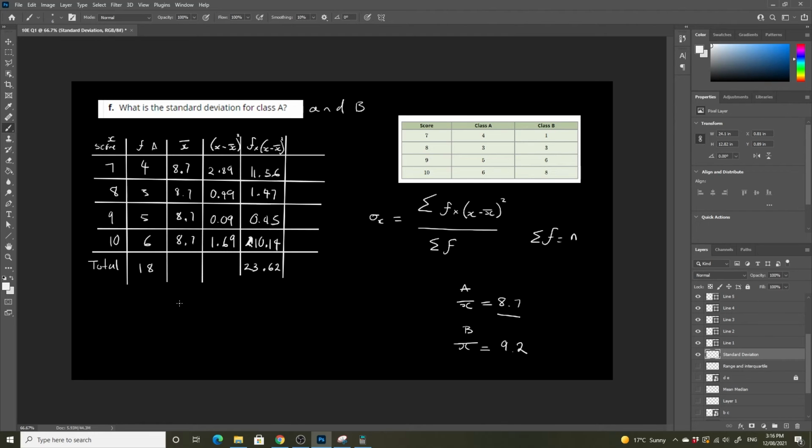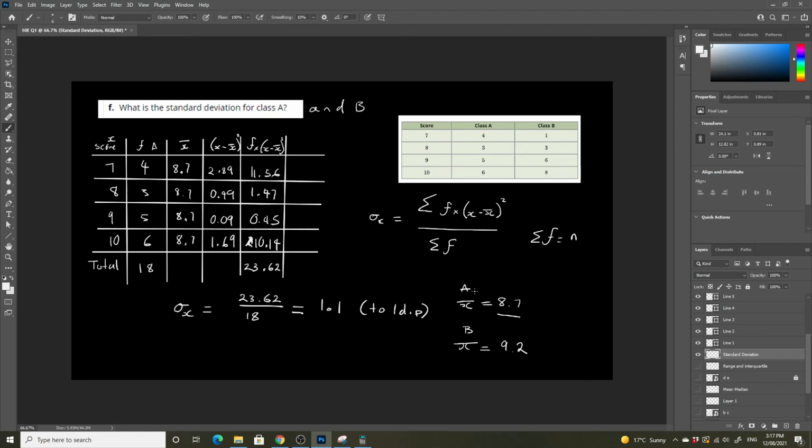So for this, our standard deviation is going to be equal to the square root of 23.62 divided by 18, which is going to be equal to 1.1 to 1 decimal place.